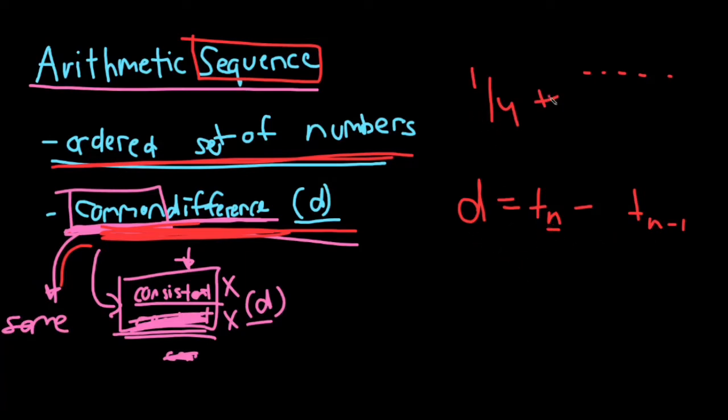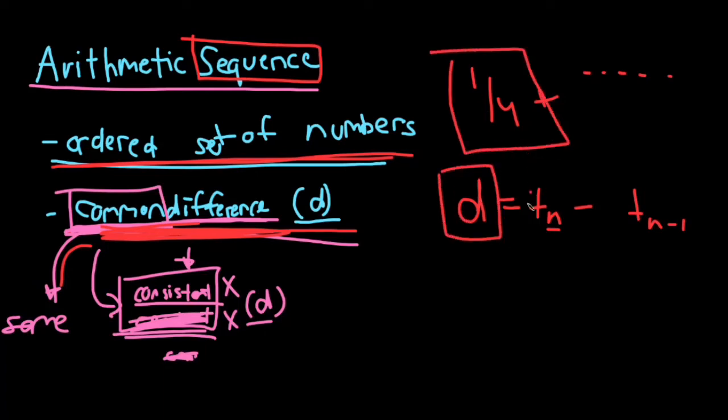So if you want to find what the common difference is, but it's in like fractions or decimals and they're hard to calculate, then to find D, you can use this equation right here. D is equal to Tn take 1 down here. And it's the n take 1 part. That's the subscript taking 1.